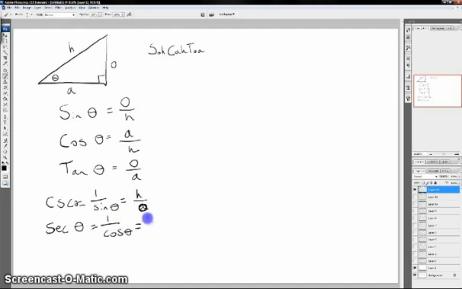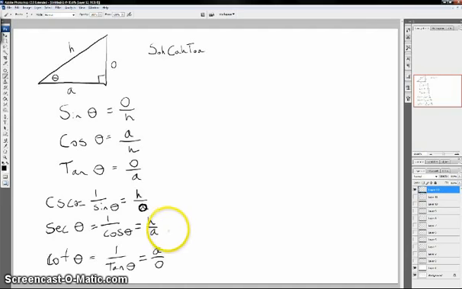The secant should be hypotenuse over adjacent. And then the cotangent of theta is equal to 1 over the tangent, and so that'll be equal to the adjacent over the opposite. Okay, those are the basic functions.